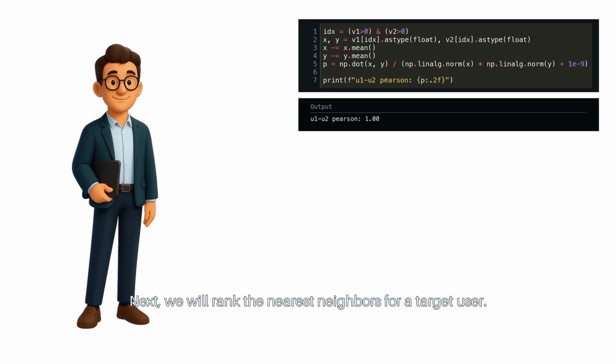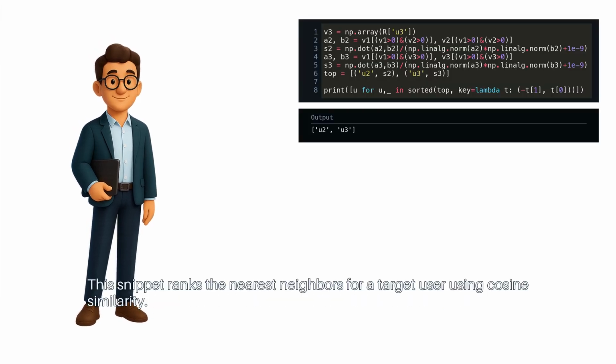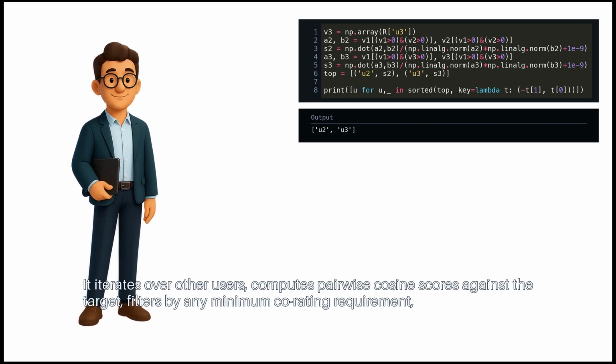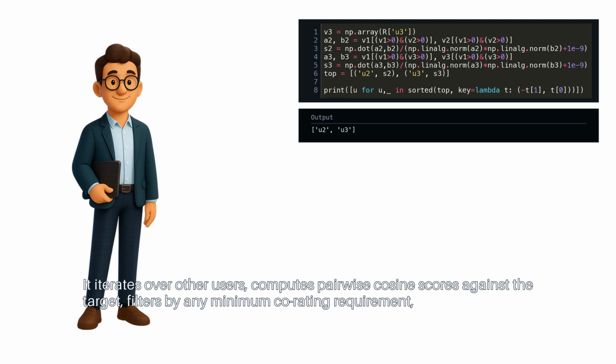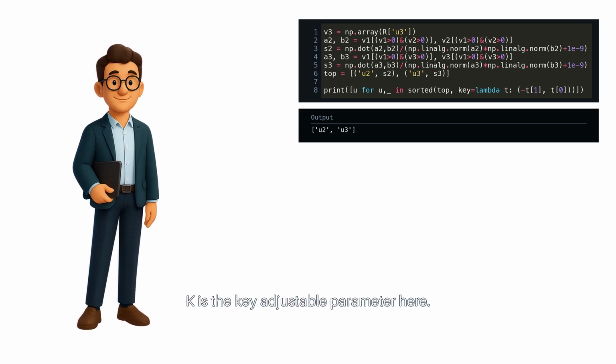Next, we will rank the nearest neighbors for a target user. This snippet ranks the nearest neighbors for a target user using cosine similarity. It iterates over other users, computes pairwise cosine scores against the target, filters by any minimum co-rating requirement, and then sorts to produce a top K list. K is the key adjustable parameter here.